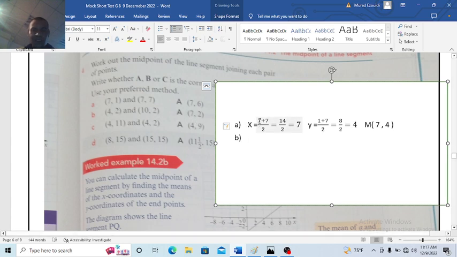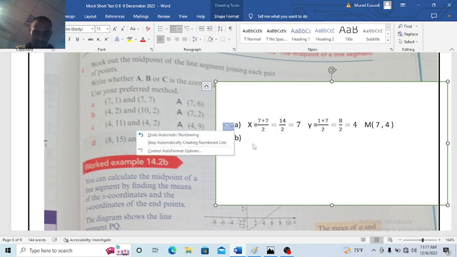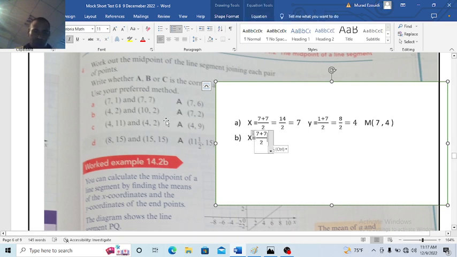I will start with x. x is equal to 4 plus 10, divided by 2, which gives 14 divided by 2, which is equal to 7.